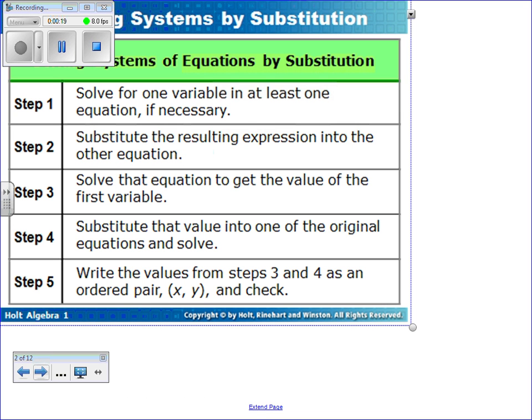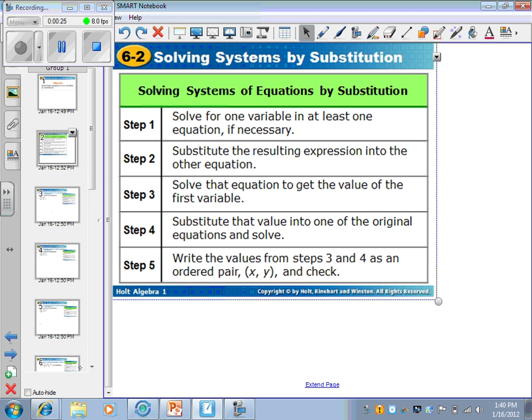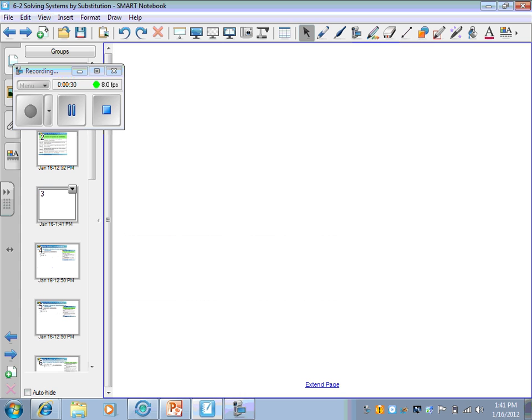What you should know by this point is that if I tell you y equals 6x, and that y equals 2x plus 4, then both of these y's are equal to one another.